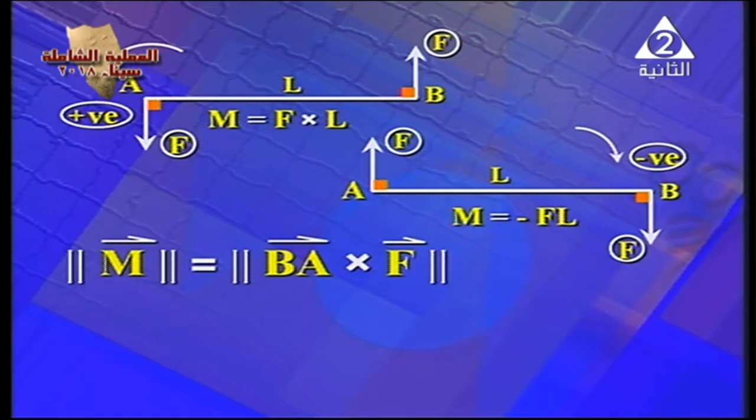We have two directions of couple. The first graph represents a positive couple in the anti-clockwise direction, but the second graph represents a negative couple, negative FL, in the clockwise direction.